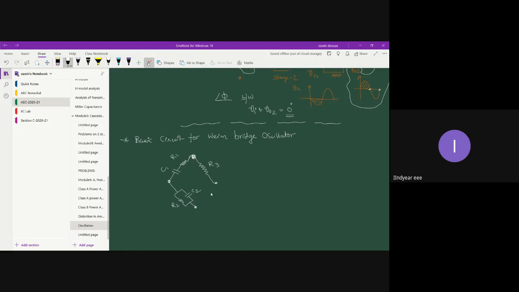And in the final arm, once again you will have R4. So this node is grounded. This is the reference node. This is node 3. We'll just name the nodes. Node 1. This is going to be node 2, and the final one is going to be node 4.